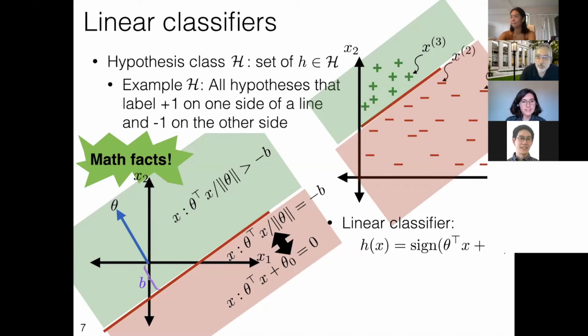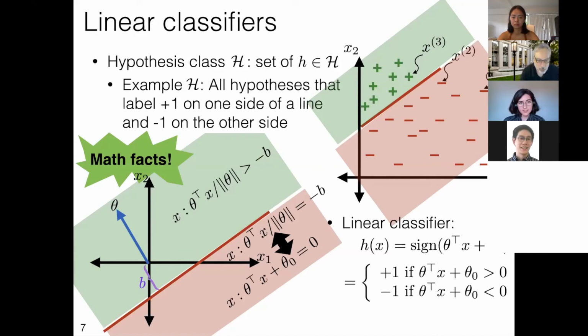It says, let's look at the sign of this value that we've just been calculating. In particular, on one side of the line, where theta transpose x plus theta naught is greater than 0, we're going to apply the label +1.